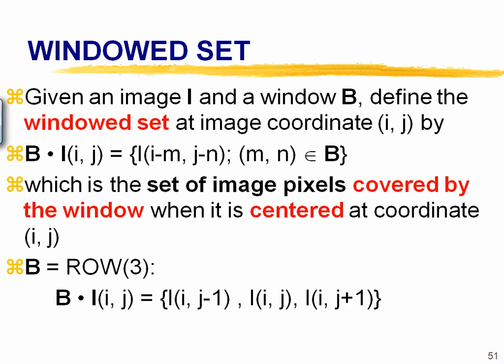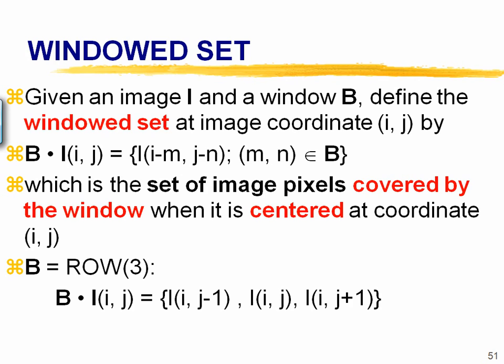So any windowed operation that I would mathematically describe would be given by this. Basically this gives you a set of coordinate points for which you're going to use the pixel values to perform a particular operation.